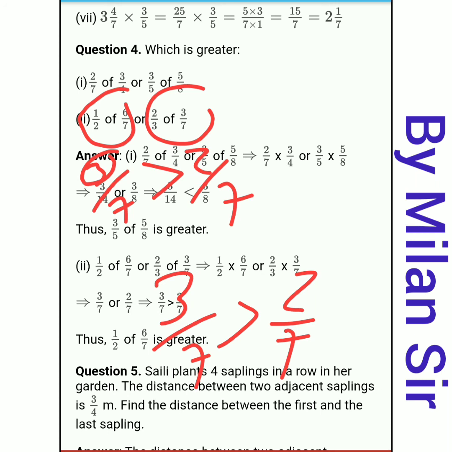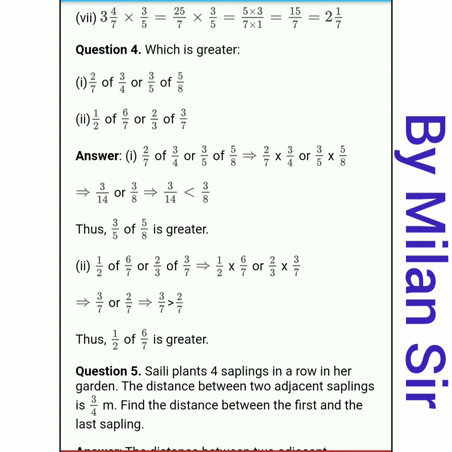And if numerators are same, then the number which has a greater denominator is lesser. Okay, so here 3 by 7 is greater than 2 by 7. Now 3 by 7, it is the answer of this first part. So at last we can write this, thus 1 by 2 of 6 by 7 is greater. Okay, 1 by 2 of 6 by 7 is greater.